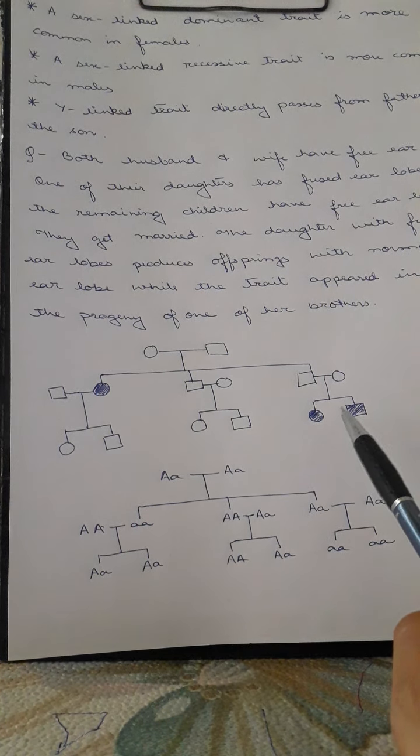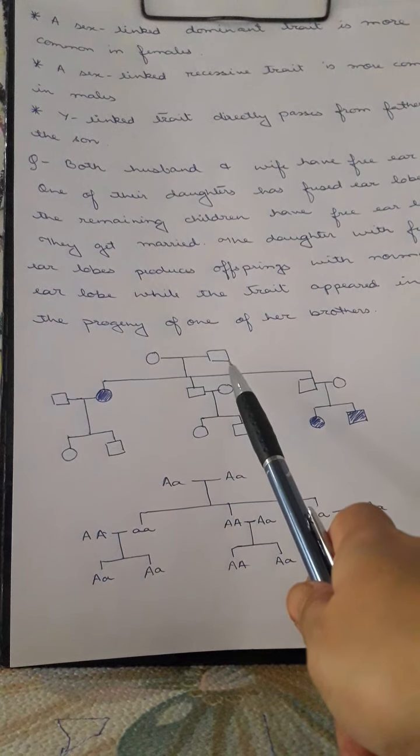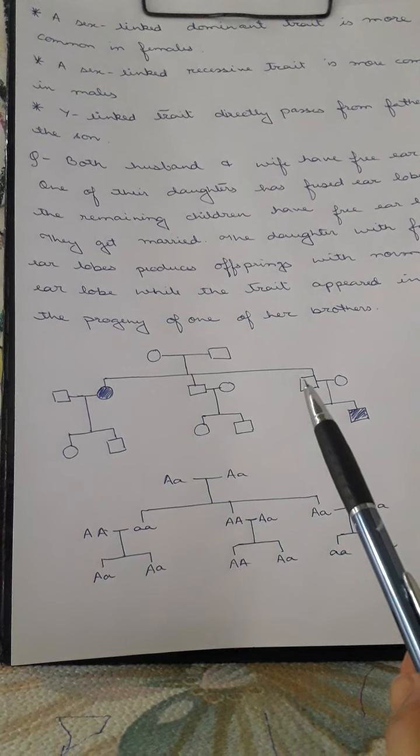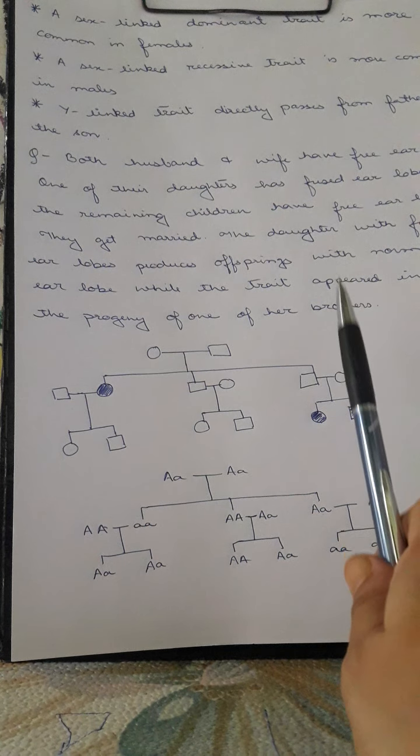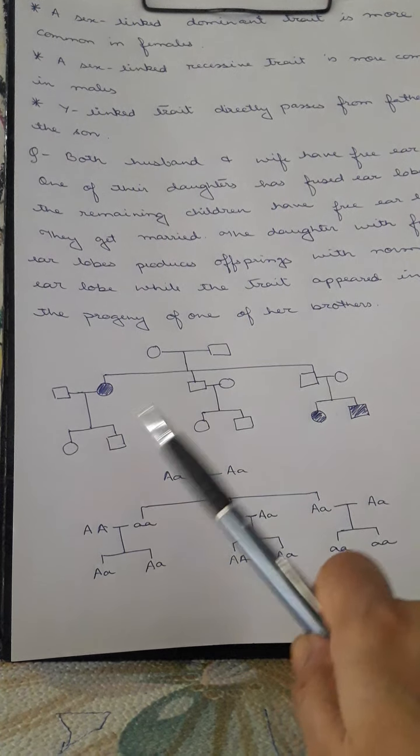So this is an example of a recessive trait, got it. As we have already studied, skipping of generation indicates recessiveness, so here the generation is skipped, so this is a recessive trait.